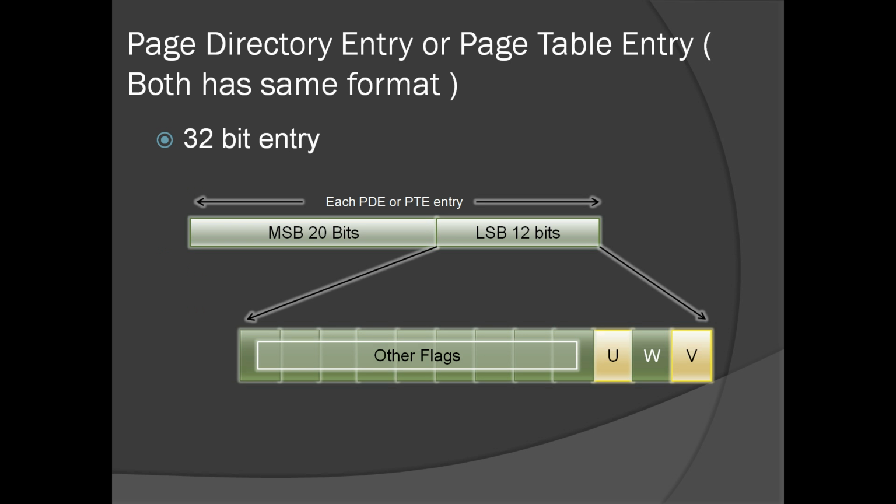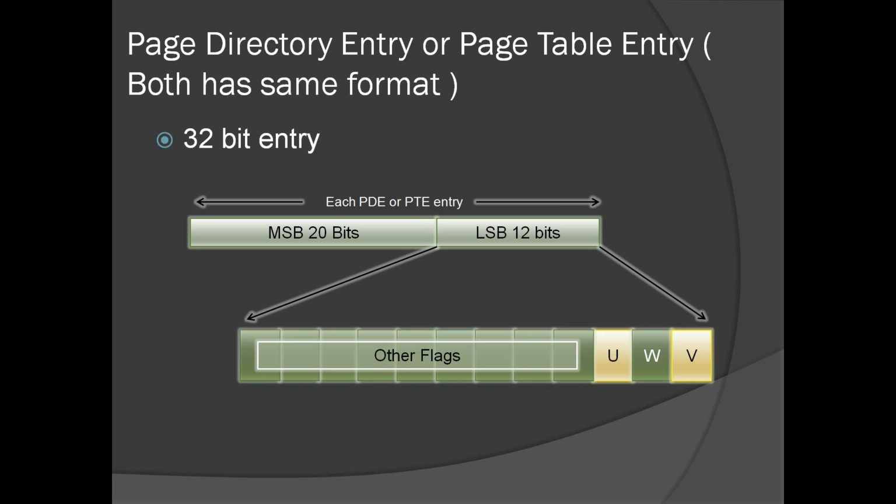So now let's discuss the page table entry format. We have seen that the MSB 20 bits, or the first 5 digits in the hex, point to the physical page, but it's a 32-bit entry as we have seen.